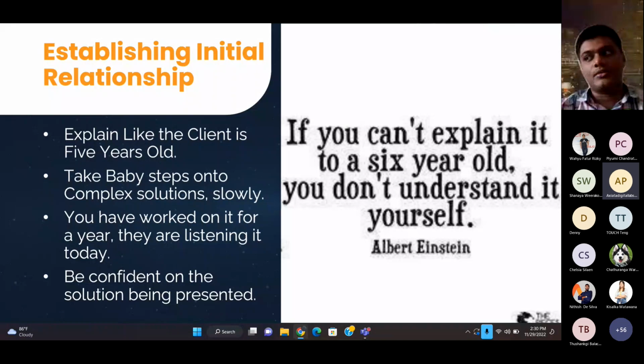They may have built several applications, but if you can't explain it to a 6-year-old, you don't understand it yourself. So if you cannot explain to your client as if the client is 5 years old, then you do not know the solution completely.